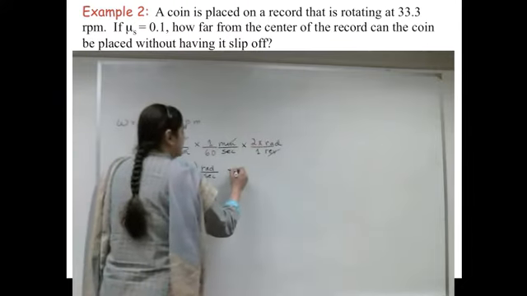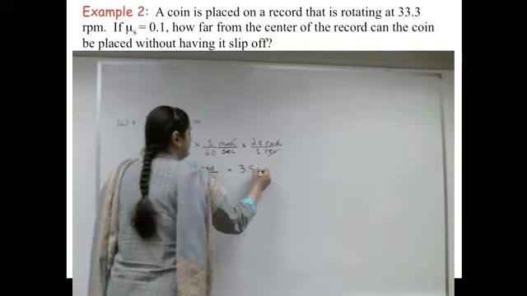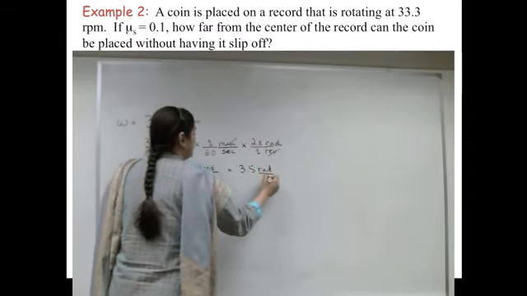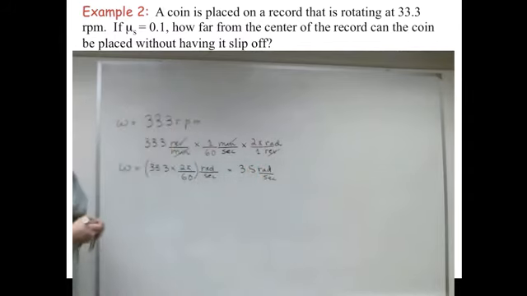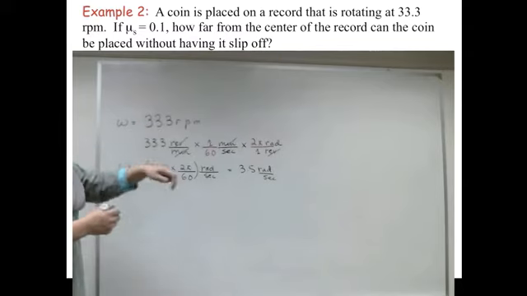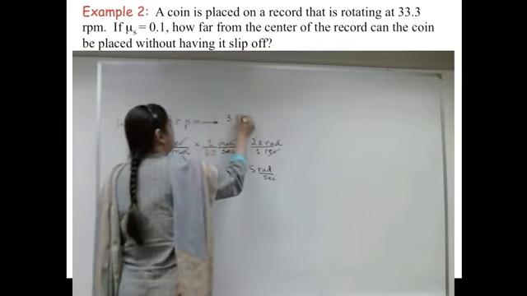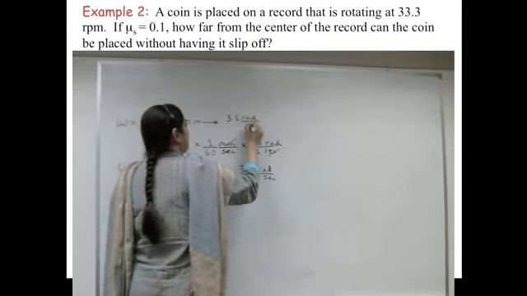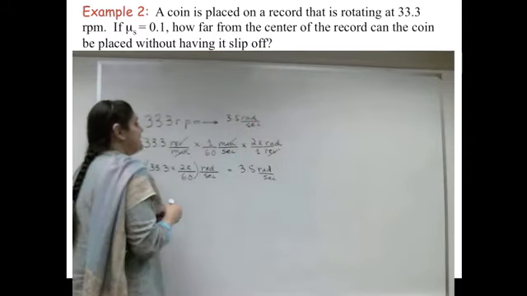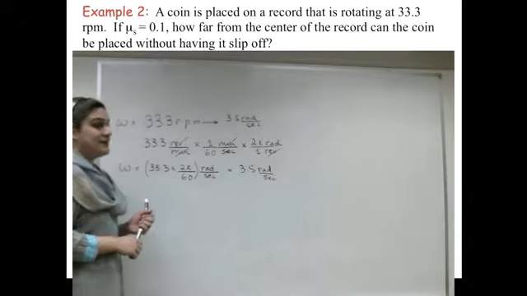So I get 3.5 radians per second. But don't trust me, use your own calculators. Okay, now having said that, so that's part one of our problem. I have converted revolutions per minute to 3.5 radians per second.